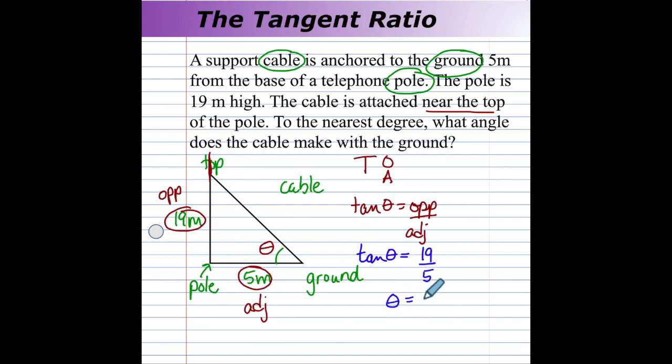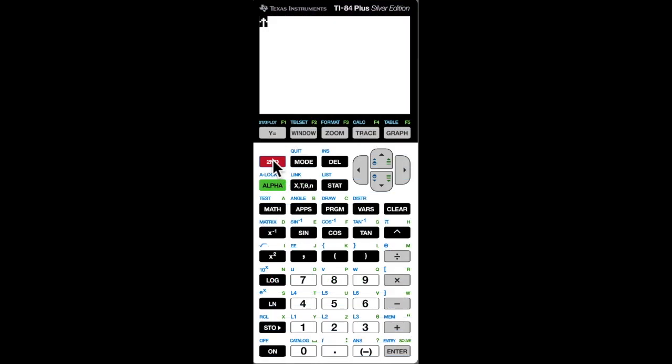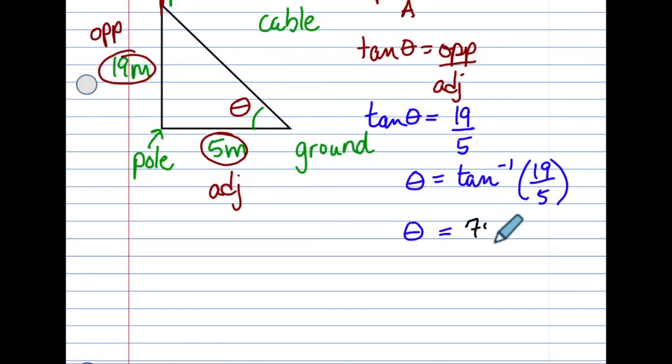The angle then is the inverse tan of 19 over 5. 19 divided by 5 equals 75.256.